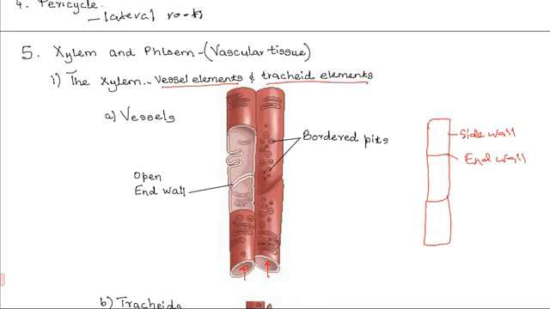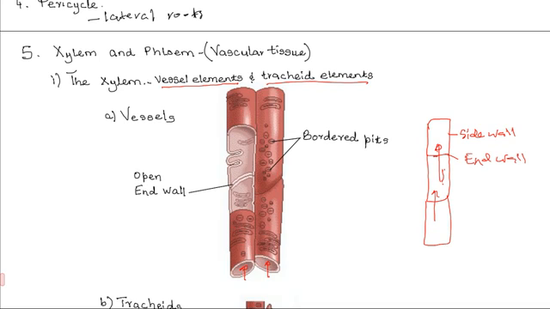In both vessel and tracheid elements, the end walls are either partially or completely broken down to allow for free passage of water and mineral salts from one element to the other. So these end walls will either be completely broken down or partially broken down to allow for the free movement of water and mineral salts from one element to the next.